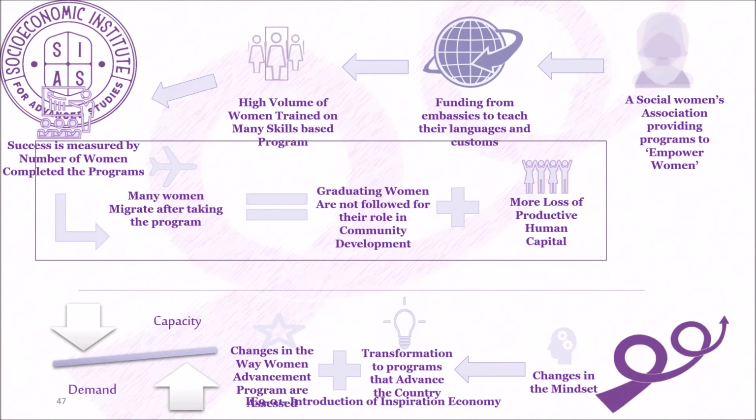So we found out that, for example, many women, and this is the problem, always we state the problem and then restate the problem. This is the way we approach any solution in inspiration economy. Many women actually migrate after taking the program. So if they are studying German, for example, they'll go to Germany. If they're studying French, they'll go to France, and so on.